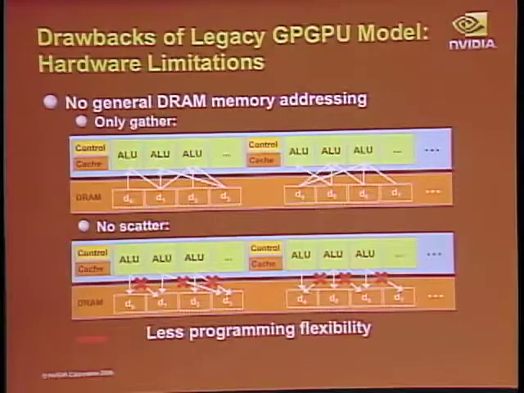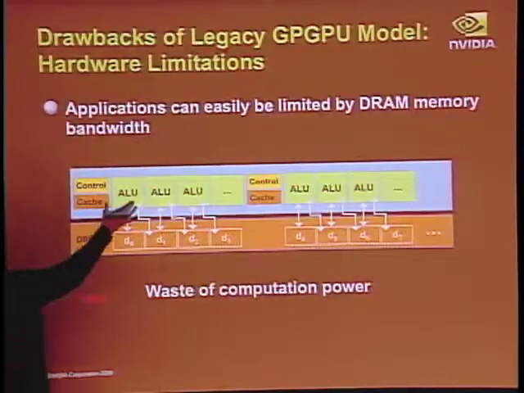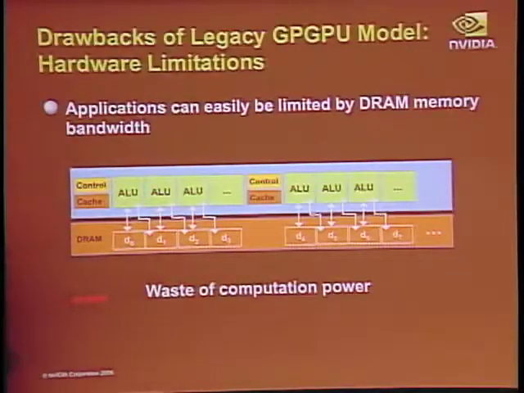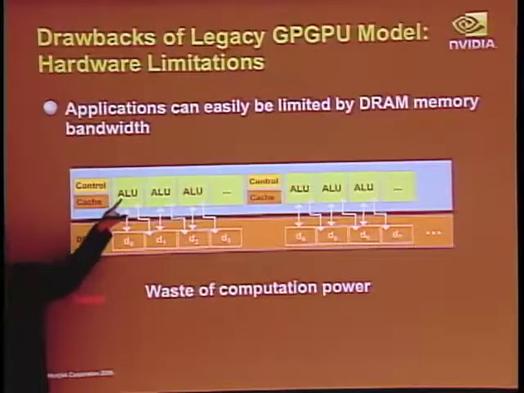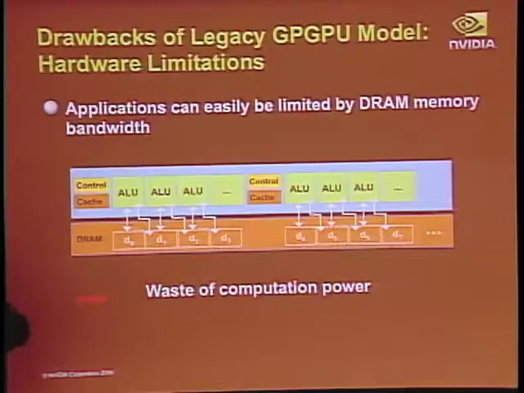Another thing is, what happens when you have all these different ALUs and you want them to communicate? You compute something here, you compute something there, and you want those two guys to talk to each other, each having the other's value. What you have to do in traditional GPGPU is finish an entire pass, write everything out to DRAM, and start another pass of the graphics pipeline. Then in that pass, you can read what the guy wrote on the previous pass.